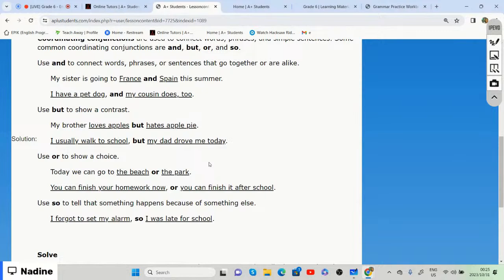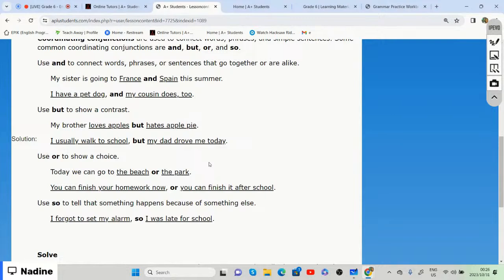So we said "and" connects words, phrases, and sentences together, but "but" shows a contrast.